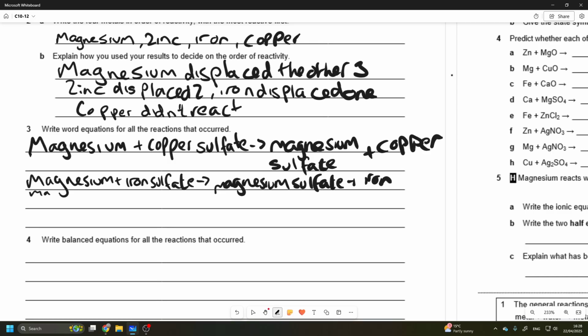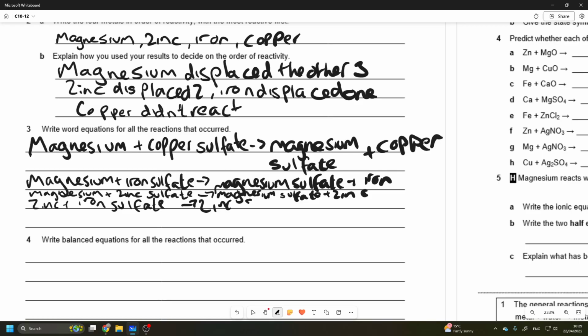We've then got magnesium plus zinc sulfate. That will make magnesium sulfate plus zinc. Okay, we've got zinc plus iron sulfate. That will, I'm going to run out of lines here.